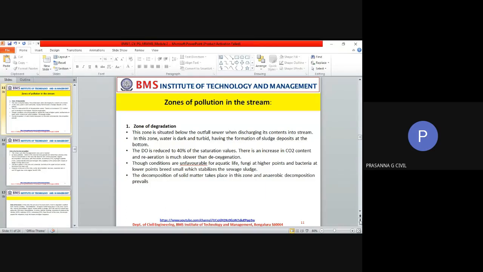So I think from the terms themselves, it is very clear to you. Zone of degradation is the place where the outfall sewer is letting out the wastewater.